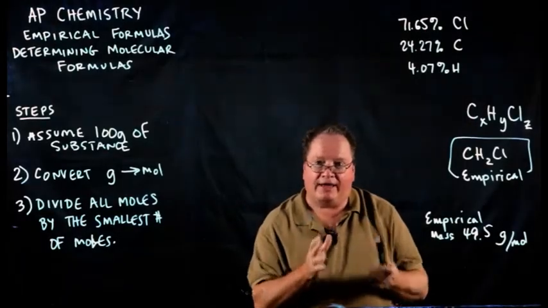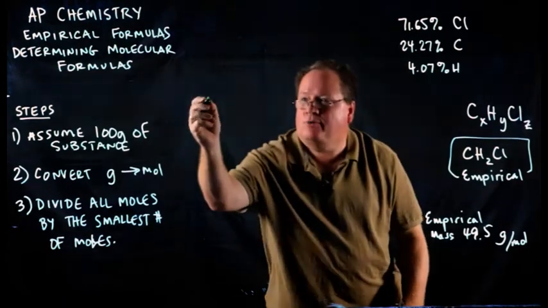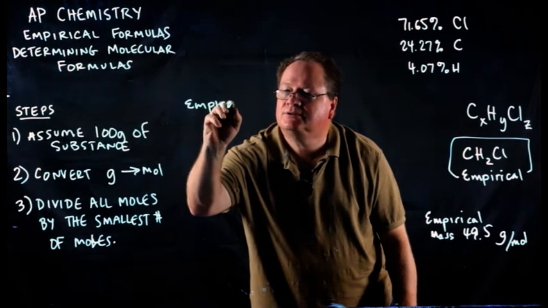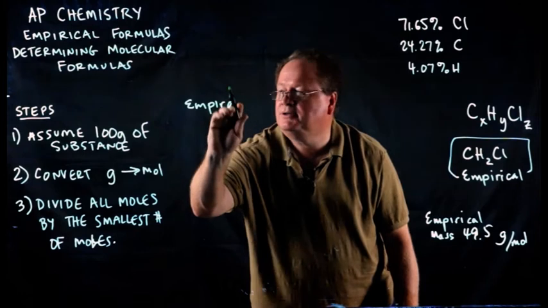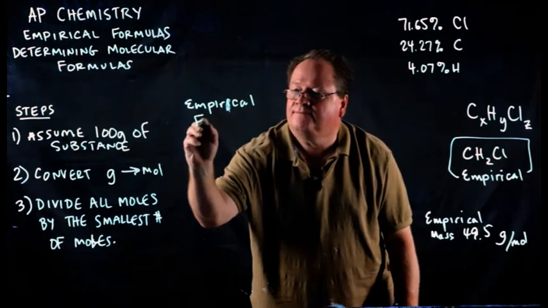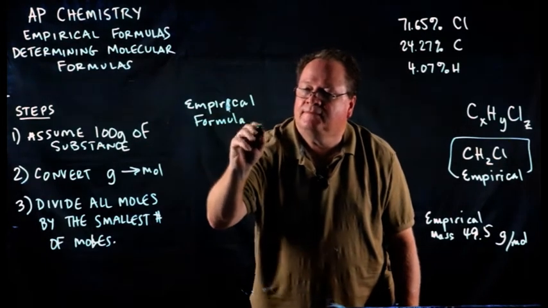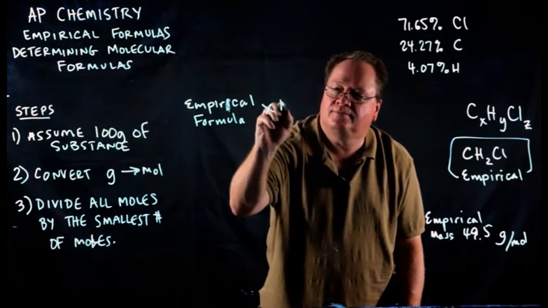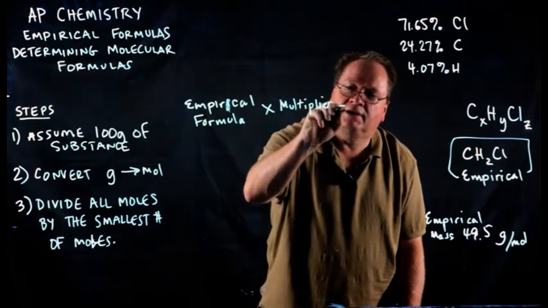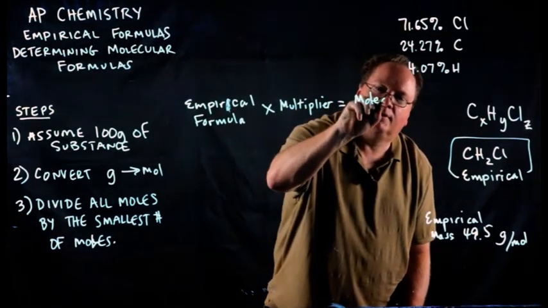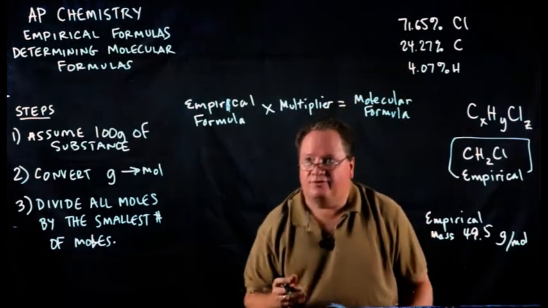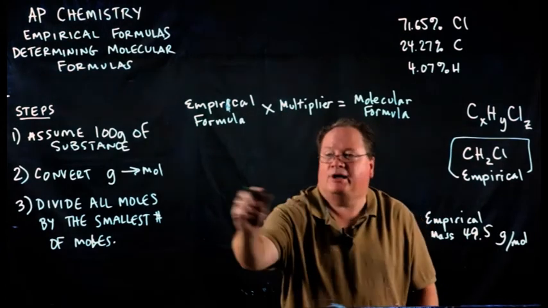So, how do we get that multiplier? Because, again, what we want to do here is we're going to say empirical formula times your multiplier equals your molecular formula. So again, how do I get the multiplier?